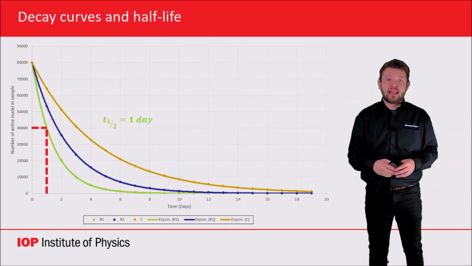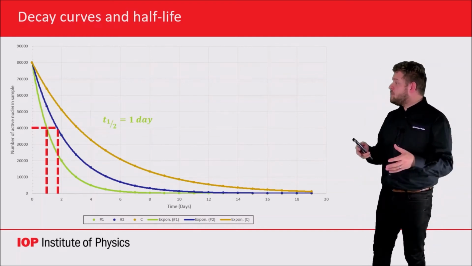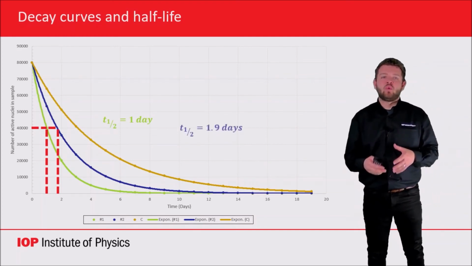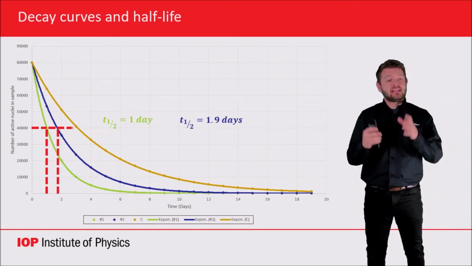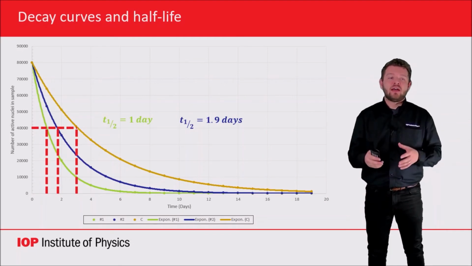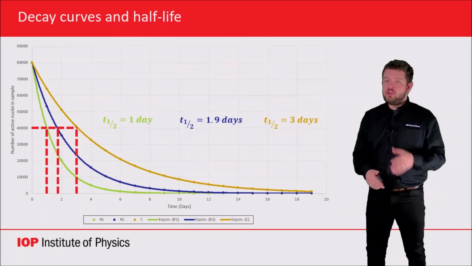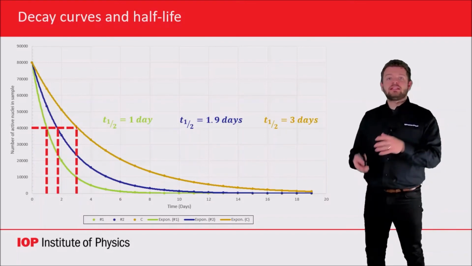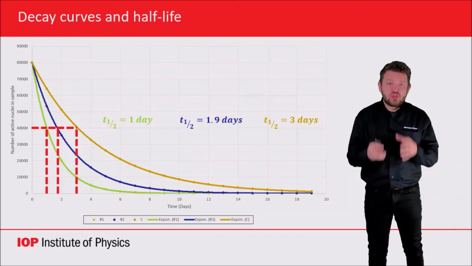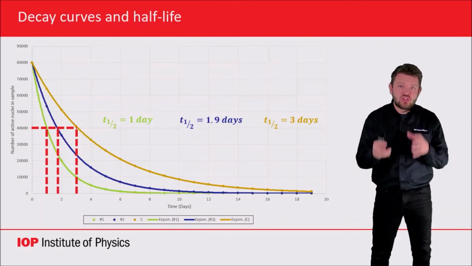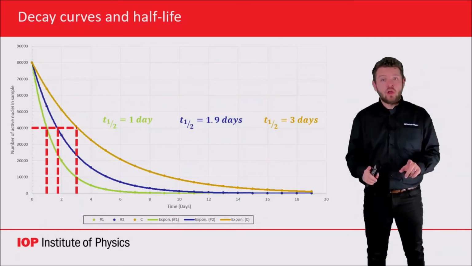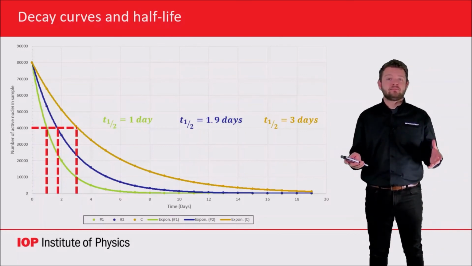of active nuclei left. Decay 2 has a half-life of around 1.9 days, and Decay 3 has a half-life of 3 days. You can see with Decay 3 that it takes a much longer time for the number of active nuclei to reduce down to the levels that Decay 1 reached within the first 3 days.